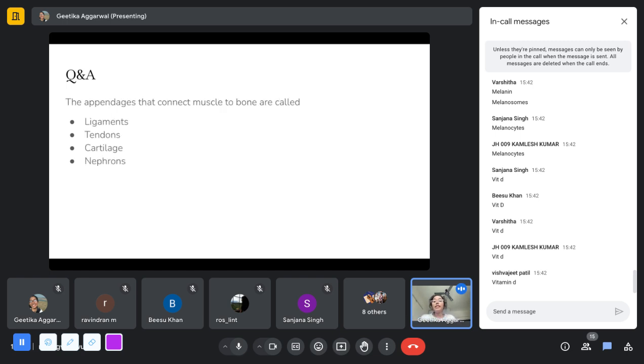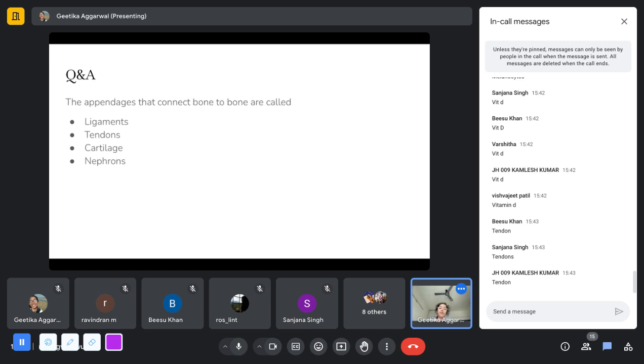Okay. The appendages that connect muscle to bone are called. We're talking about the connection of muscles to bones. Anyone? Tendon, correct. So, tendons are basically the appendages that connect muscles to bones.